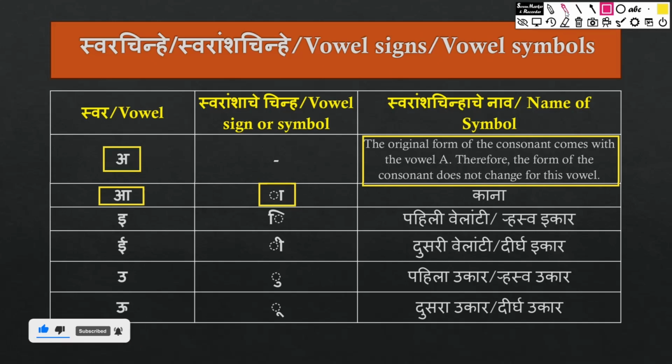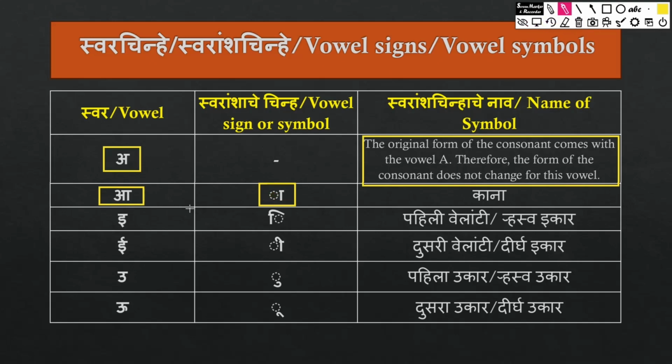The symbol for aa looks like this. If you are seeing this blank space with a dotted circle, this is the blank space where we put a consonant. So if we put k in this space, it becomes ka. If we put k in the other form, it becomes ki. We are going to learn their names.